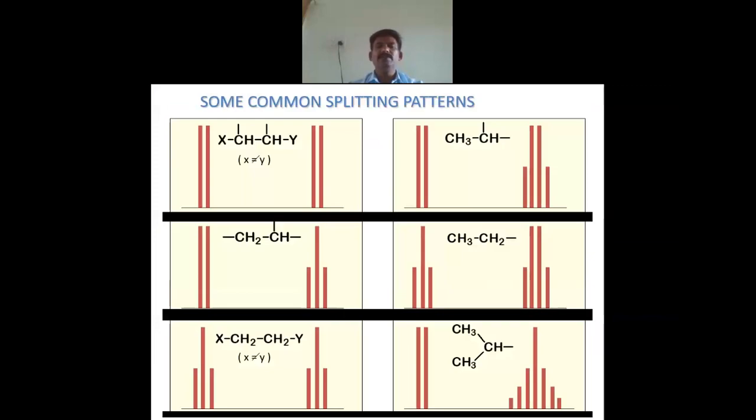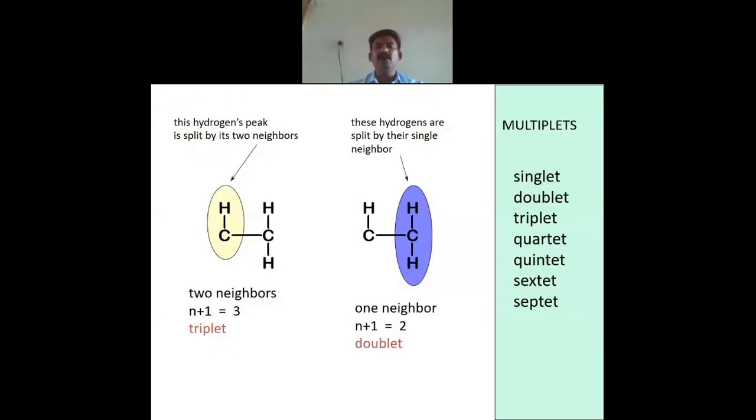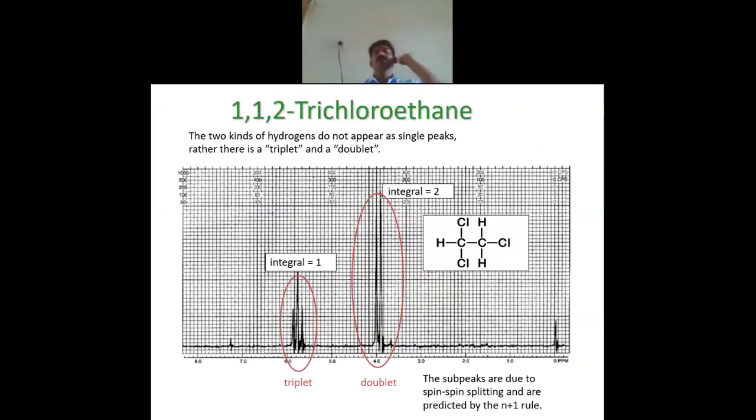So one more thing we have to know. In NMR, one sample, one compound is there. Just one example I am telling you. This compound is 1,1,2-trichloroethane.